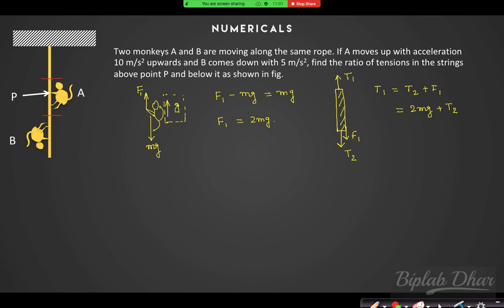Sir, is T2 equal to 3 mg by 2? No, please wait, sir. Oh, sorry, sir, F2. I was mistaken. F2 is equal to 3 mg by 2?